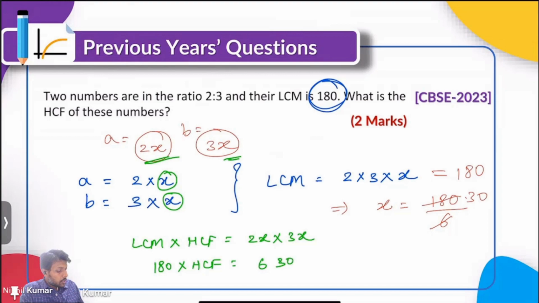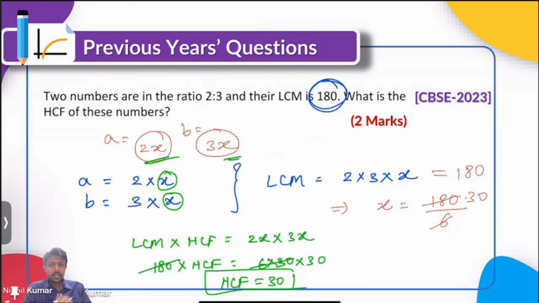So 6 times 30 into 30. You calculate this, find out the value. That is going to be your HCF. Let's do that quickly. So 180 will get cancelled, and you will have HCF as 30. This is one way to find the HCF of these two numbers.